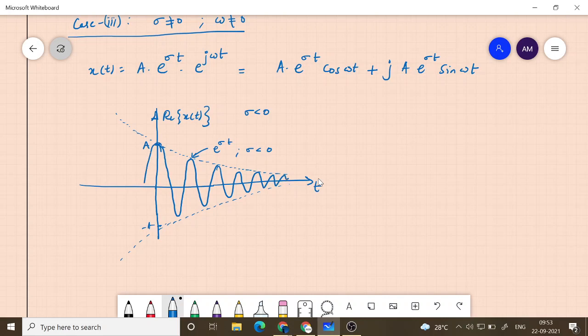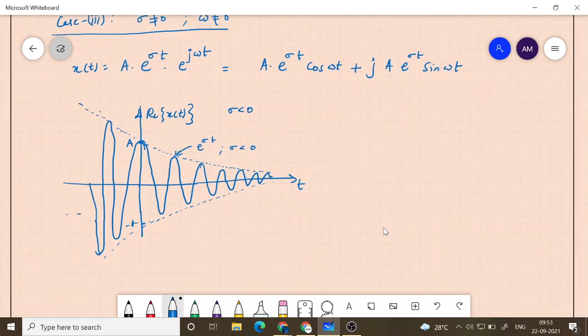To the left side you have amplitude exponentially rising, and to the right side amplitude exponentially reducing. That's the real part, and the imaginary part is similar.